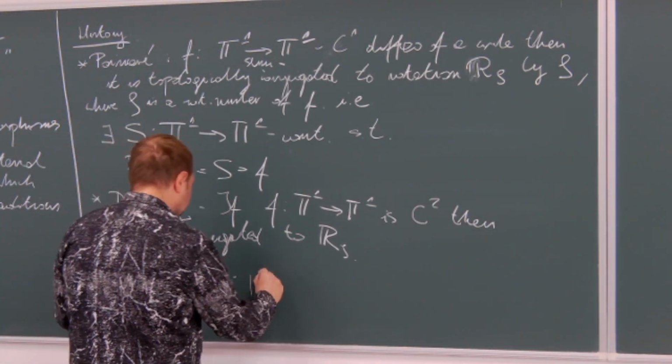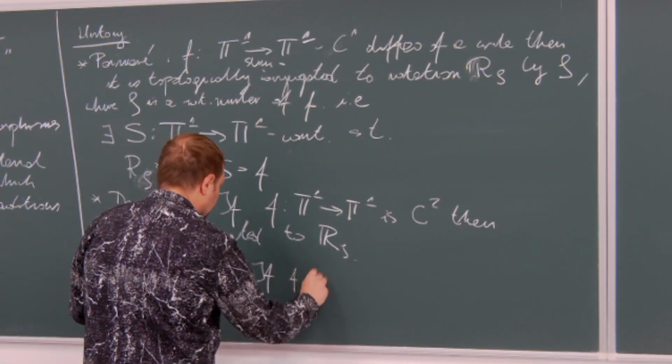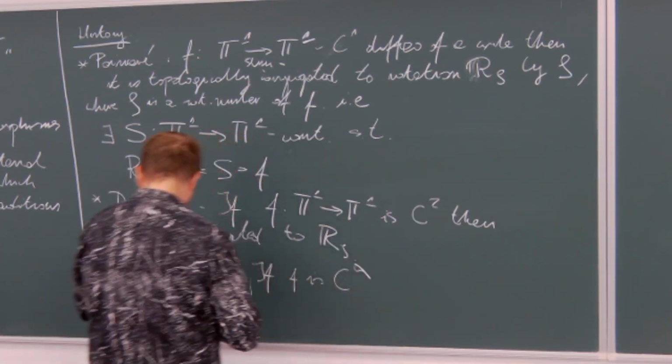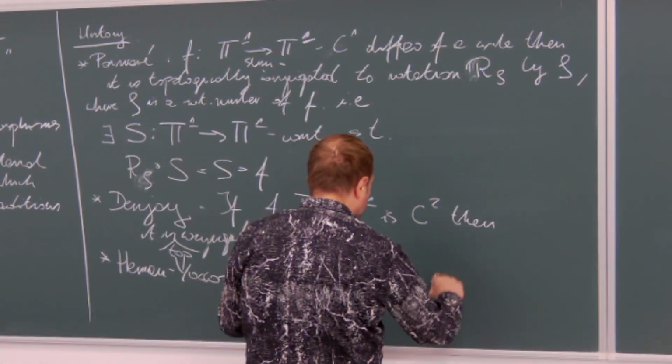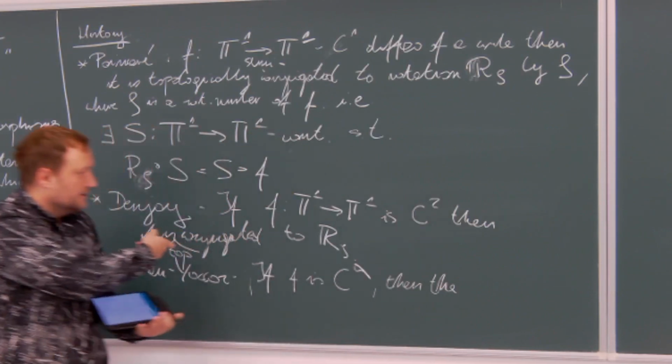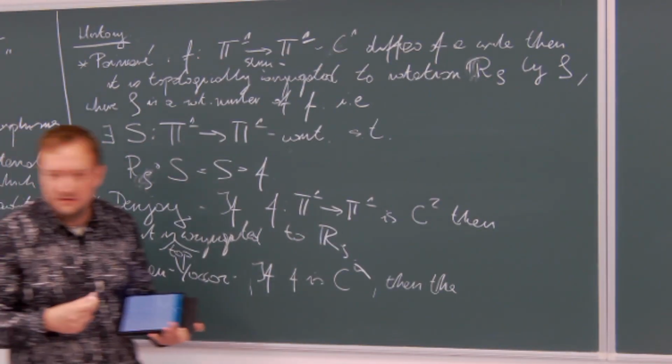So that if F is C infinity, then the conjugacy, so first of all, the conjugacy exists via Denjoy, but it's also in C infinity.